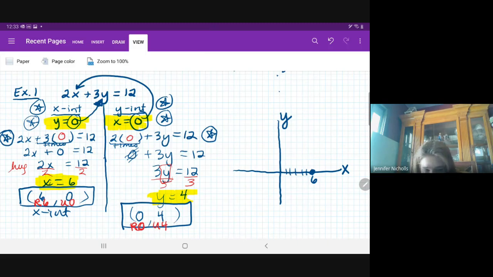Right 0, so don't go anywhere. Only go up 4. And then you usually put the number. And then those are 2 separate points on my line, so then I draw a line through them. It's a lot faster than doing the 5-point method that we did last time.